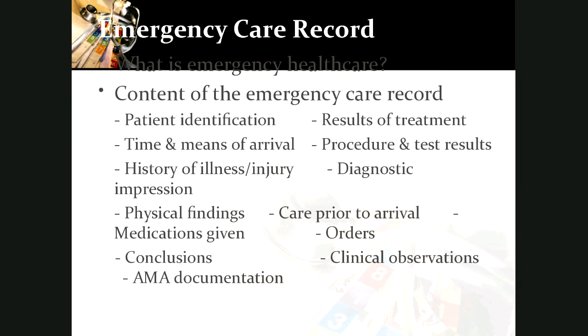If you did any treatments, there may be procedure and test results that are diagnostic. The care prior to the arrival of the patient. Maybe they were in an automobile accident and had to be given CPR or something like that. So the care would be there. Any orders, clinical observations, all of that, and the conclusions of that emergency care.